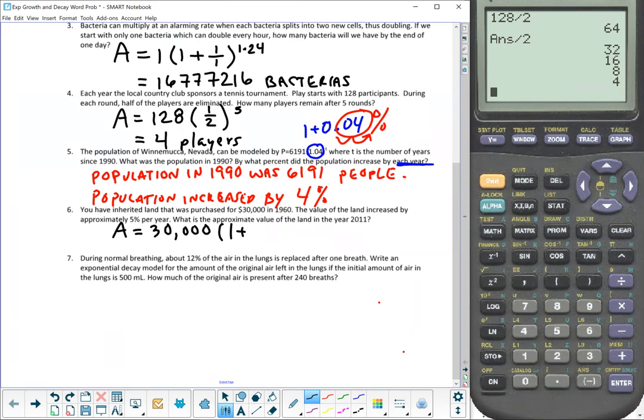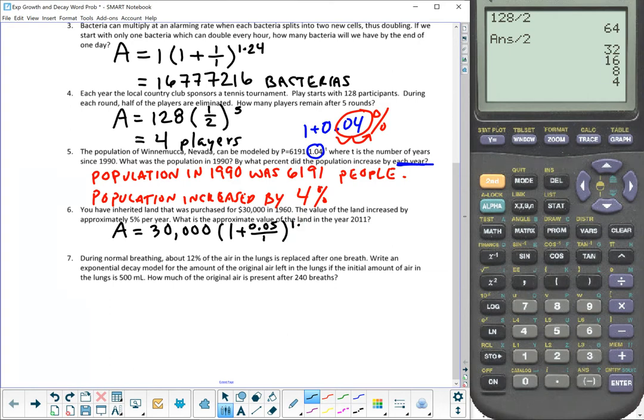The rate is going to be 0.05, or 5%, and it happens once a year, so the number of times per year is 1. Sorry, I was trying to erase these little dots, they were kind of bugging me.